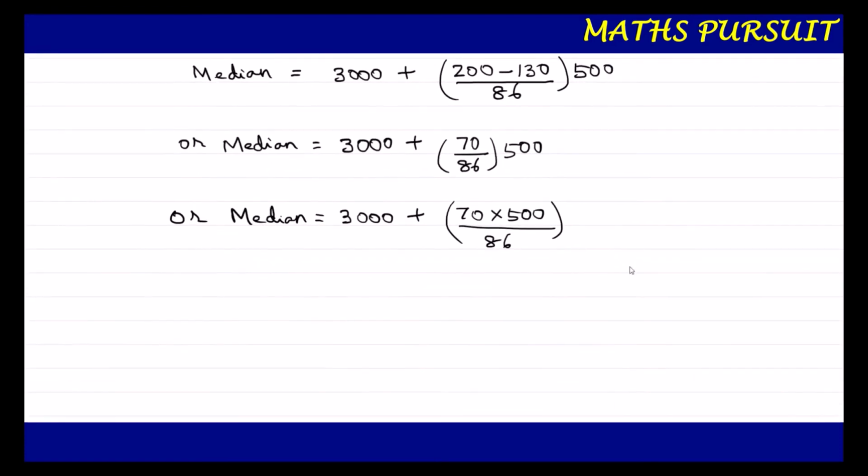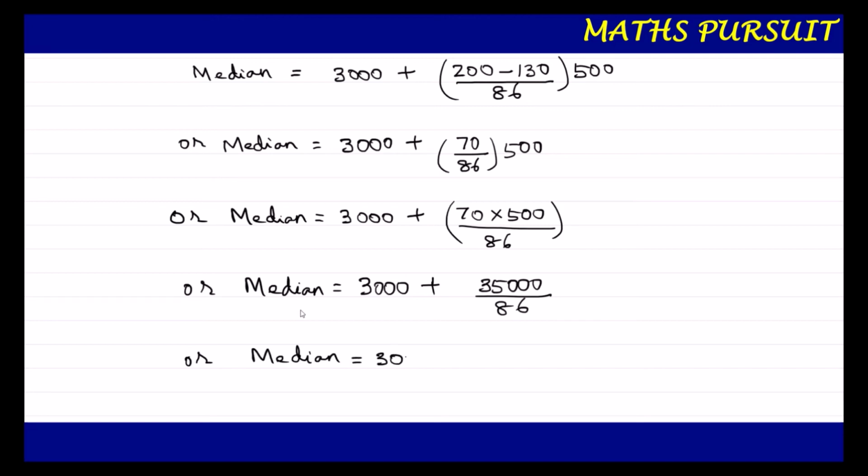Or I can write median is equal to 3000 plus 7 5s are 35, so 35,000 upon 86. 3000 plus 35,000 upon 86, we will get 406.98.